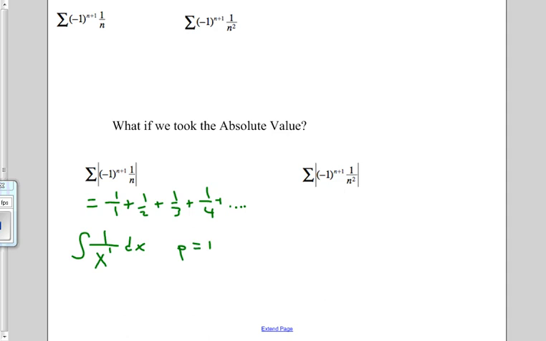So p is less than or equal to 1, and therefore this is going to diverge. We've already looked at the fact that this harmonic series diverges. We've seen that again and again throughout the last couple of videos.